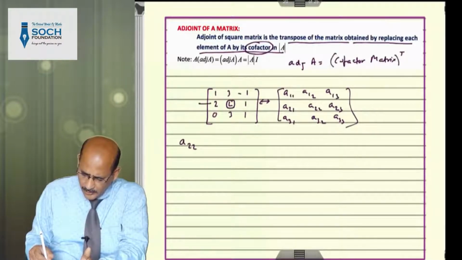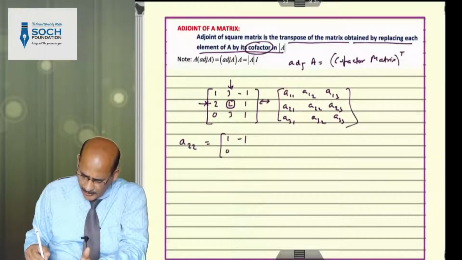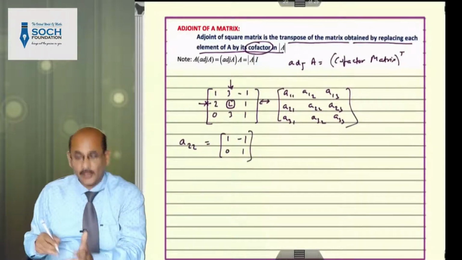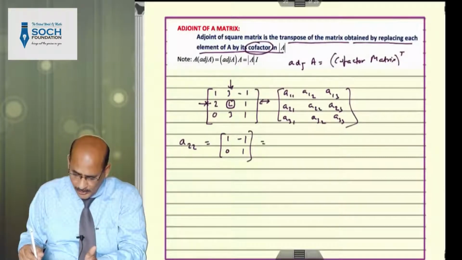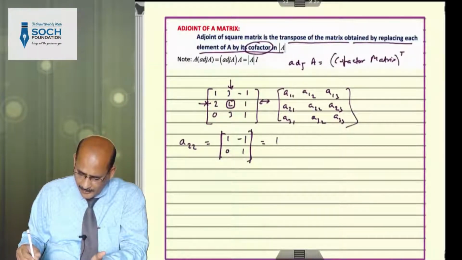Leave this row and leave this column. The other elements you have to consider are 1, minus 1, 0, 1. Now, the determinant is ad minus bc, 1 minus 0, the answer is 1.